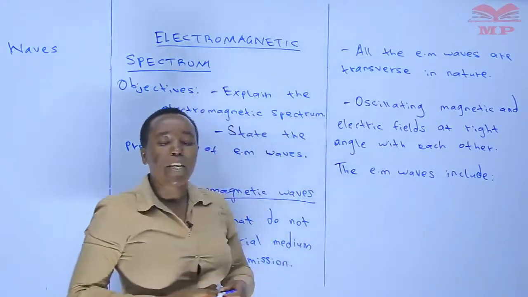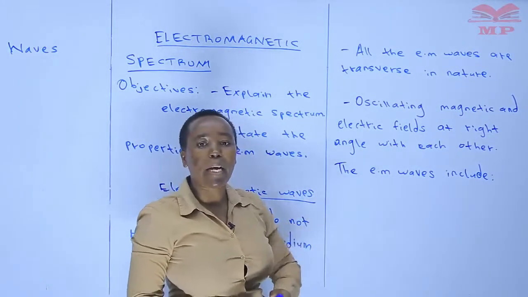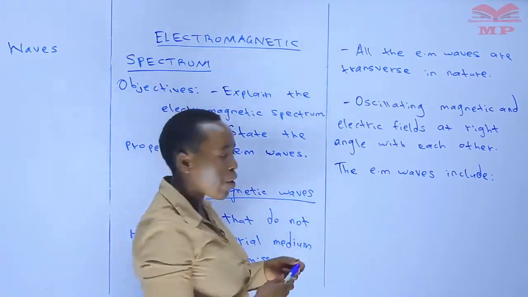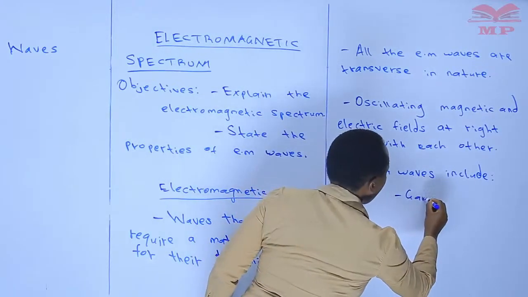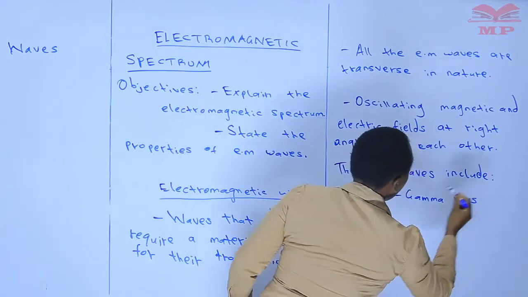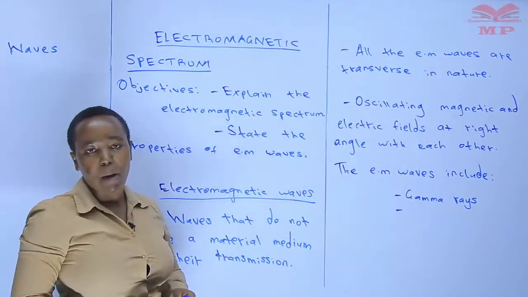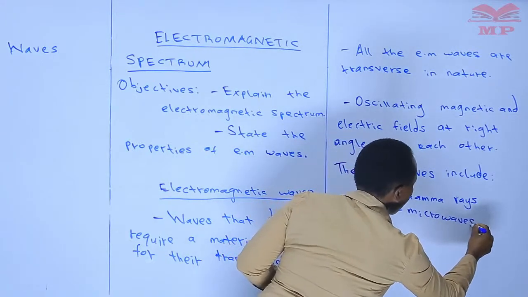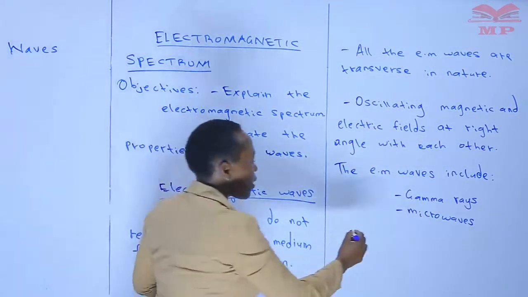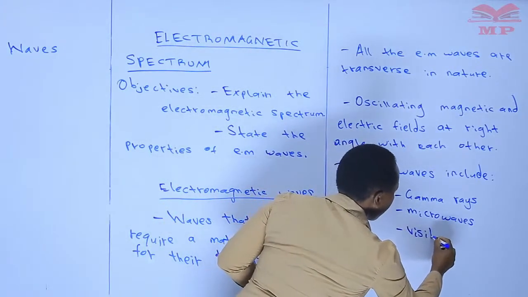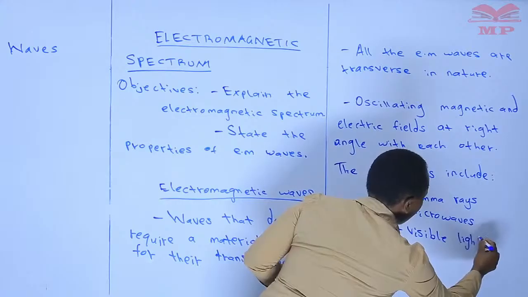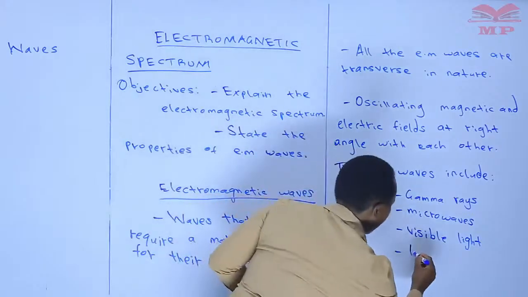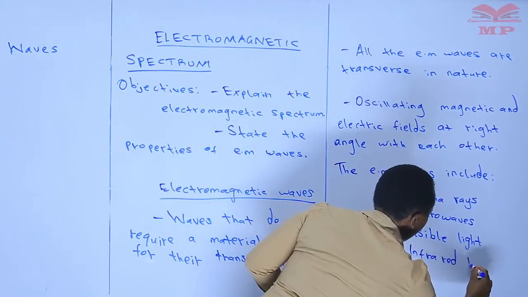Examples of electromagnetic waves include, and we can list them in any order: gamma rays, microwaves, visible light, and infrared radiation.